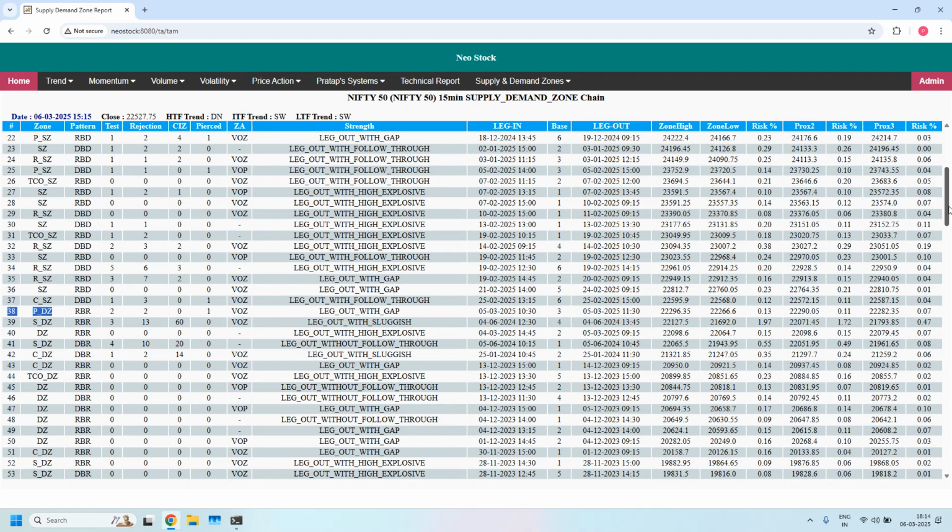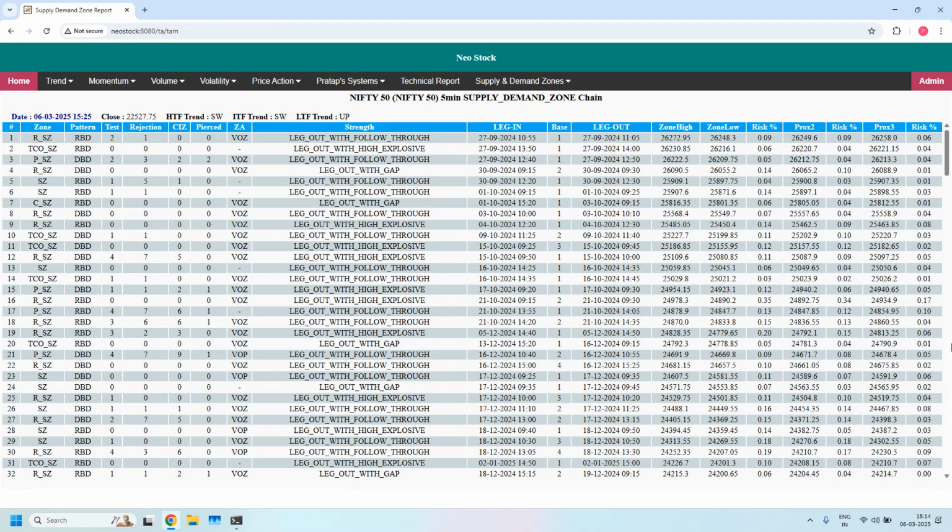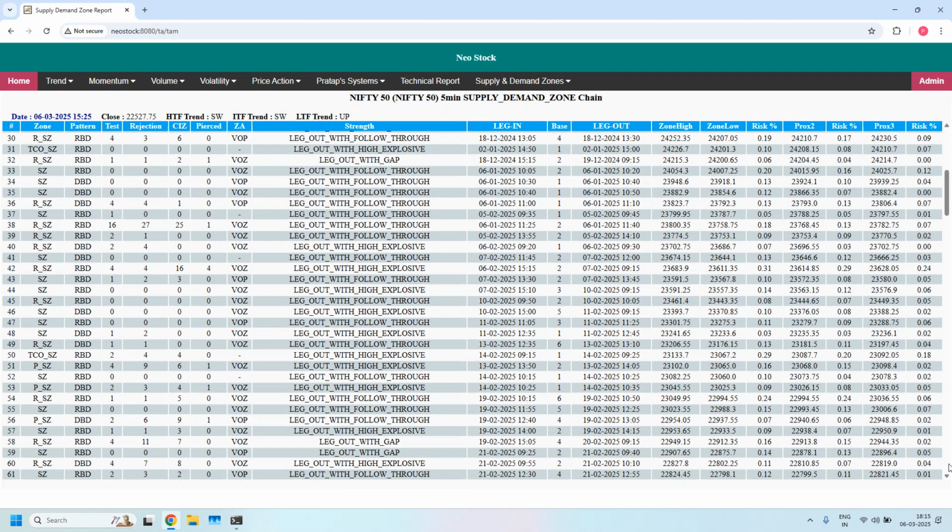Okay. Next, 5-minute supply demand zone chain for Nifty. All these are all supply zones. I am scrolling the list down. The second page also, the complete list is supply zones. Again, I am scrolling the list down.